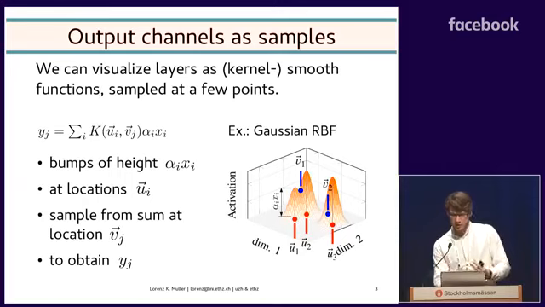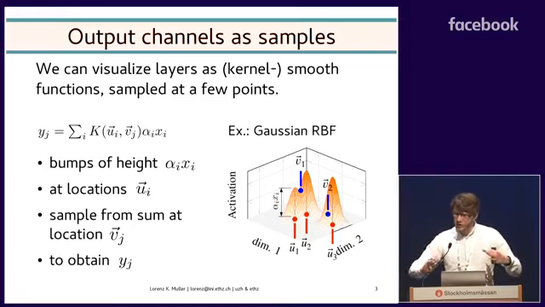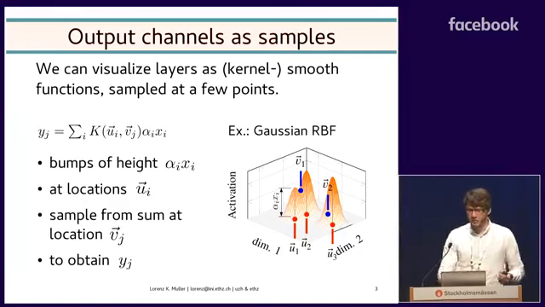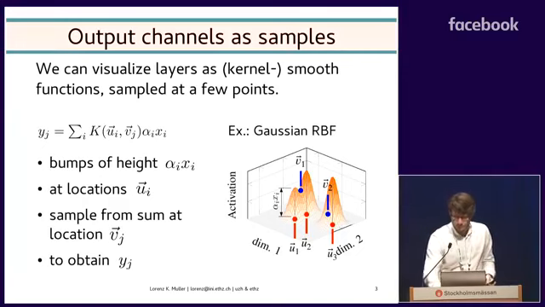So the u_i are like locations where the input neurons inject some bump. And then we sample the sum of these bumps at locations v_j. So what we parameterize is where we inject a bump, how we scale that bump, and where we read it out. And then we obtain y_j.